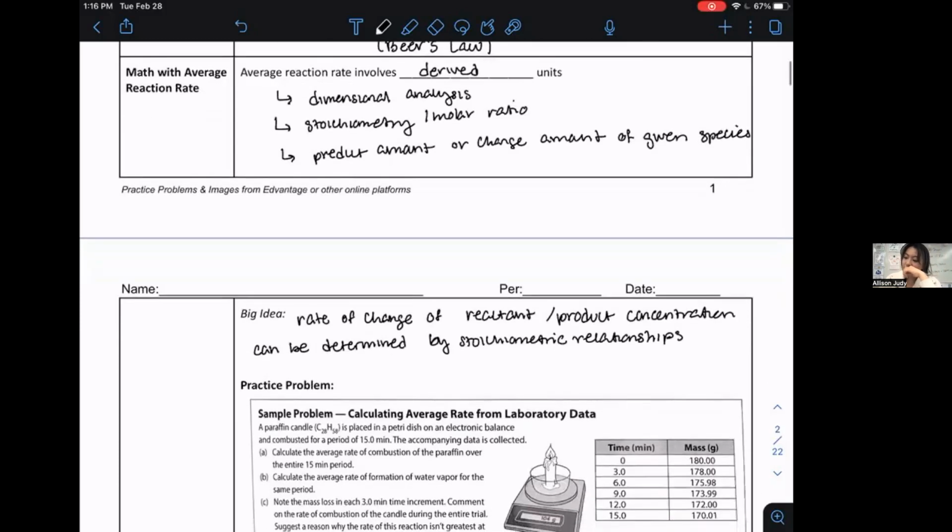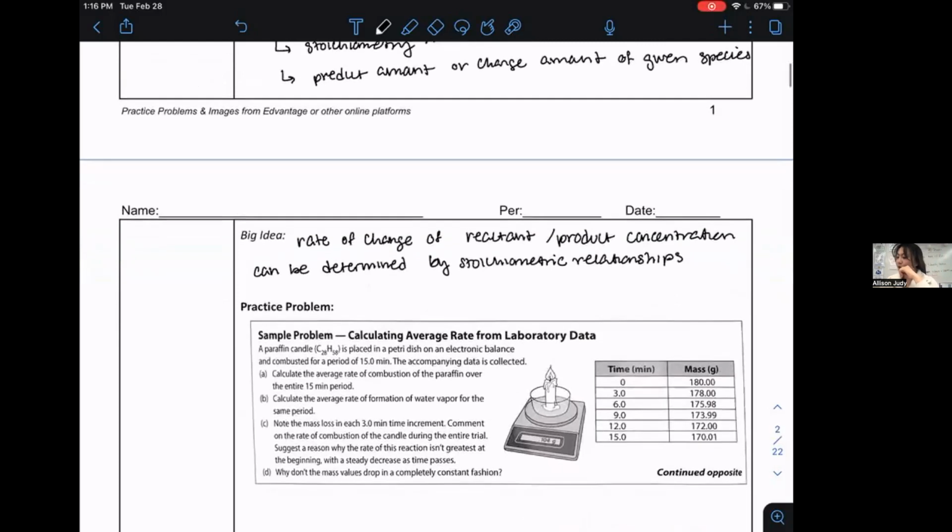So here we have a practice problem where you're given a series of data. I'm going to walk you through each portion of this problem, and then you will have a practice problem to do on your own afterwards.